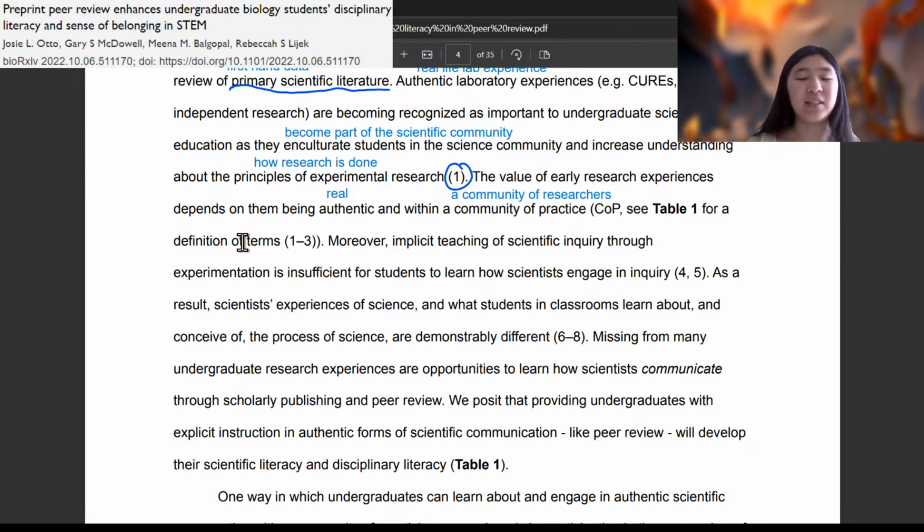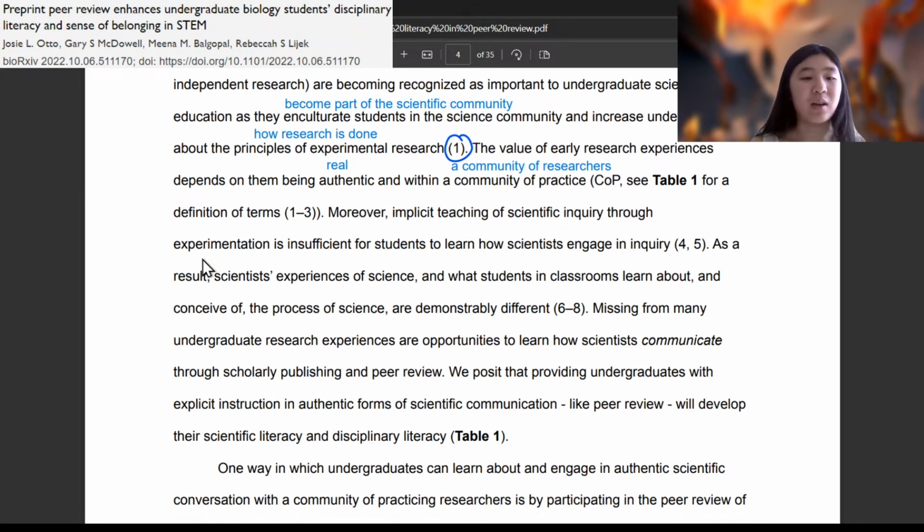Moreover, implicit teaching of scientific inquiry through experimentation is insufficient for students to learn how scientists engage in inquiry. As a result, scientists' experiences of science and what students in classrooms learn about and conceive of the process of science are demonstrably different. Wow, that is a very confusing sentence.